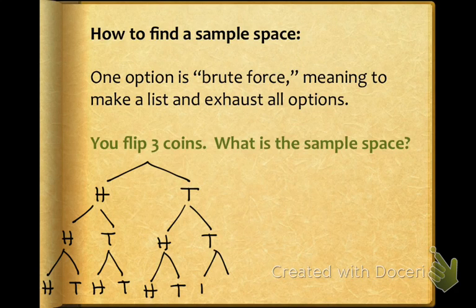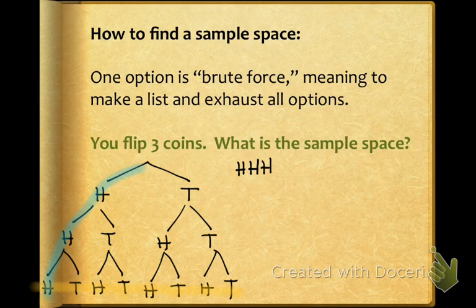For each one. So if we look at this bottom end of the tree, I had 1, 2, 3, 4, 5, 6, 7, 8 possibilities. Okay? And again, if we went down each of the branches, we'd find them. If I go down this first branch right here, I have heads, heads, heads.